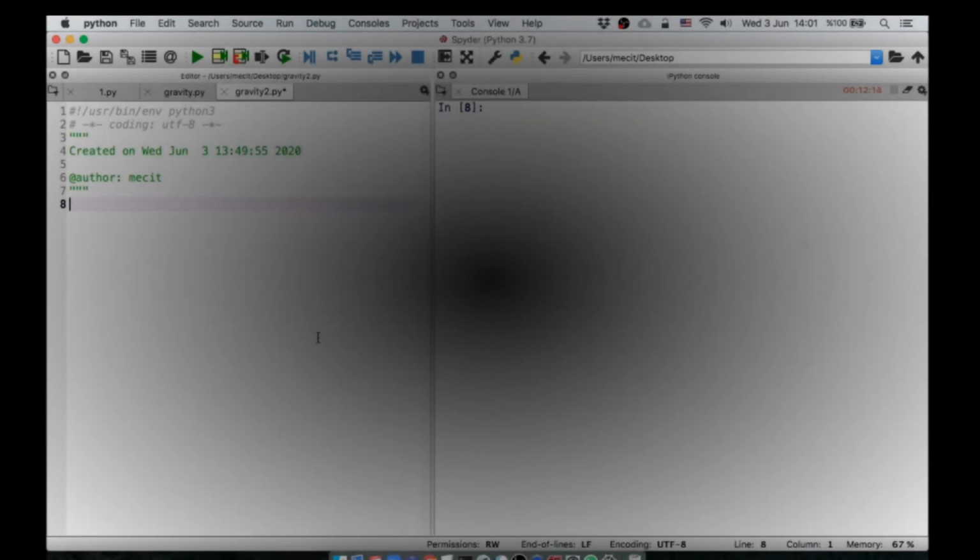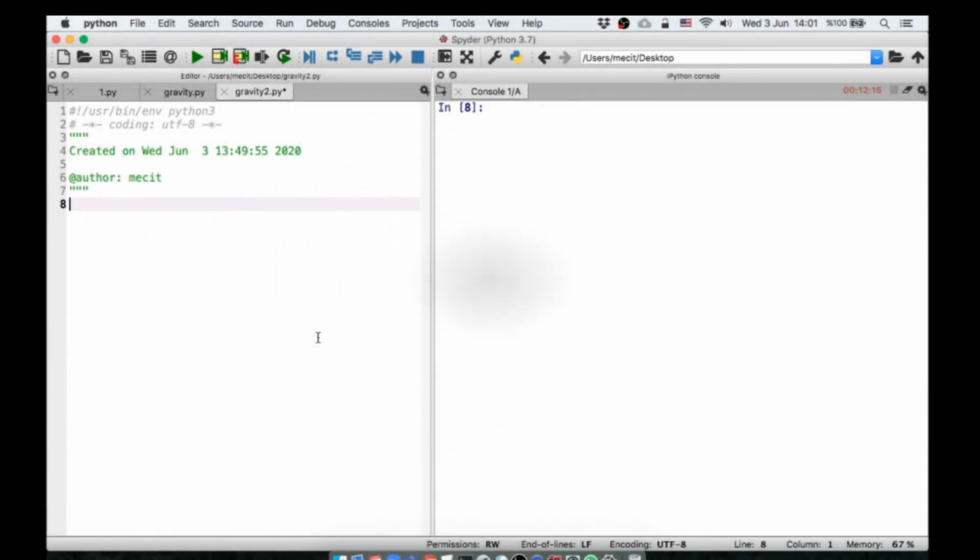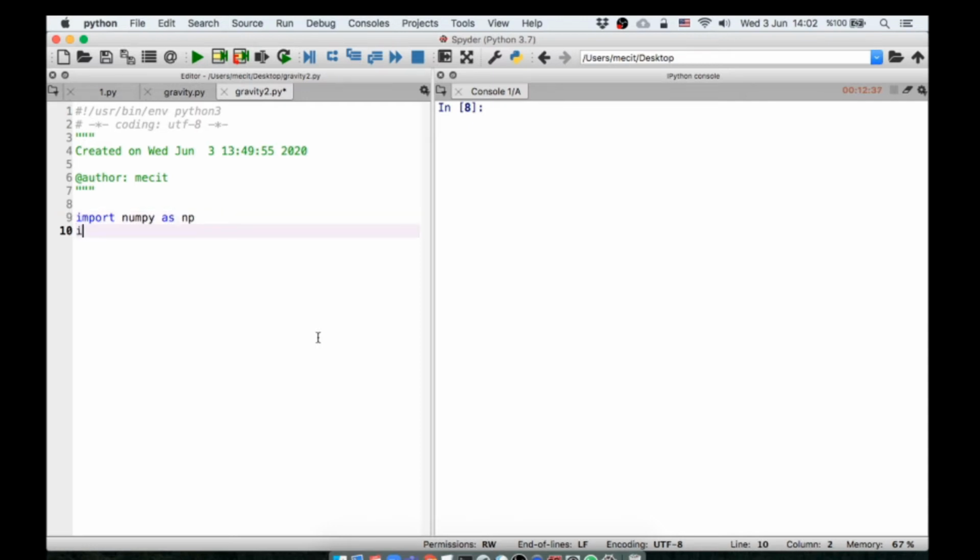Okay, let's now go back to our Python and write some code to simulate the physics of two gravitational bodies. Okay, first start by importing NumPy and matplotlib. Now in order to do this simulation, we need some constants.